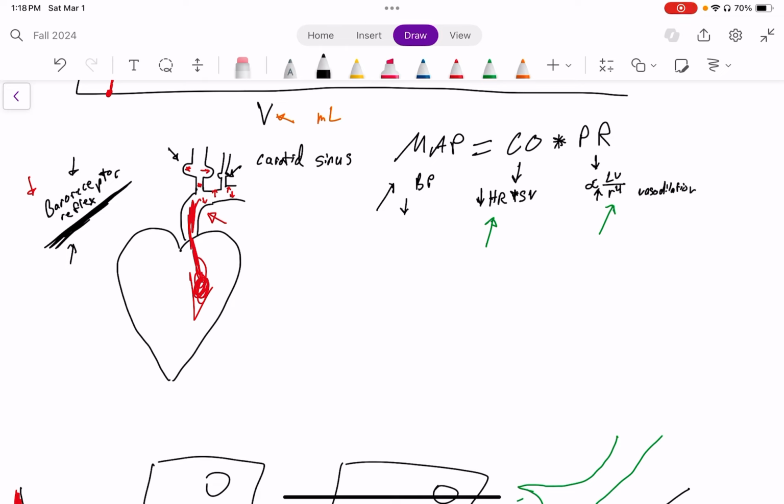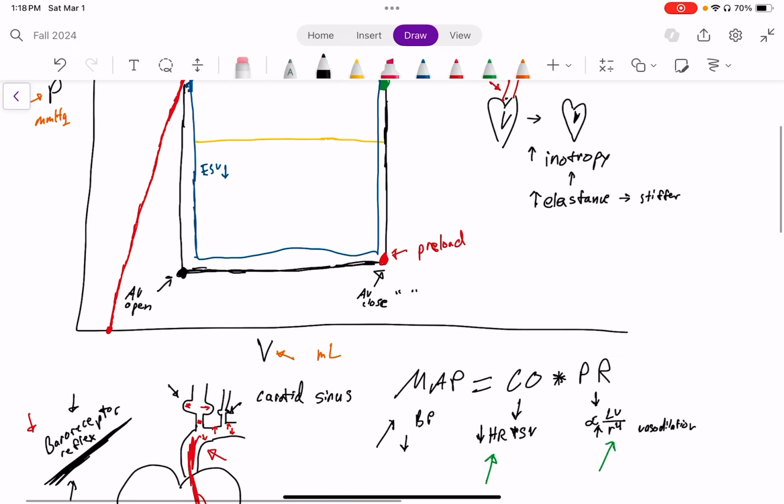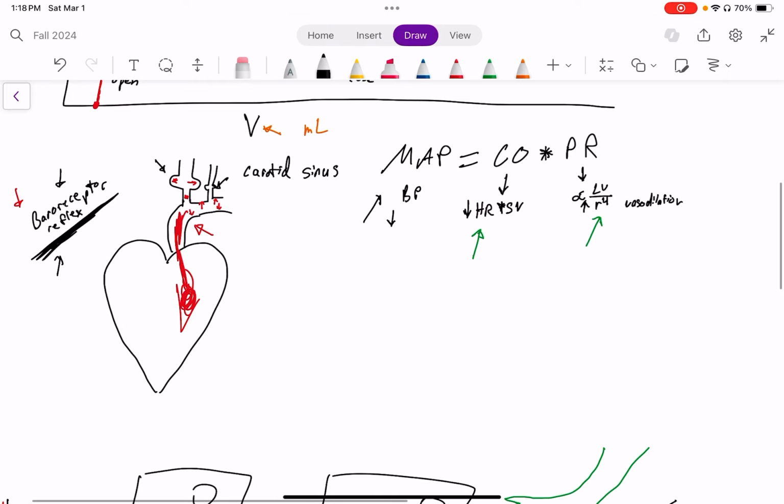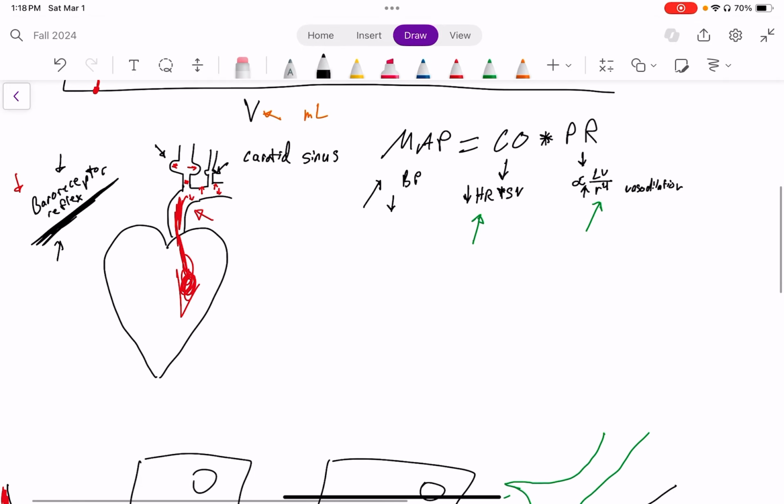So if blood pressure is too high, the baroreceptors say, hold up, and the brain decreases the heart rate and increases vasodilation of the blood vessels. And so what this means is that if there is an increased preload, right, increased preload will mean that there's more blood going into the heart when it contracts.